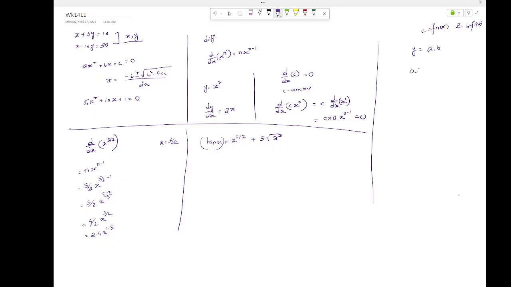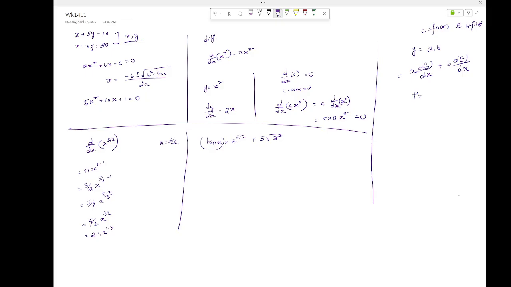So you guys remember the product rule? So it should be what? A dB by dx plus B dA by dx, right? Everybody remember this equation? That's called product rule.